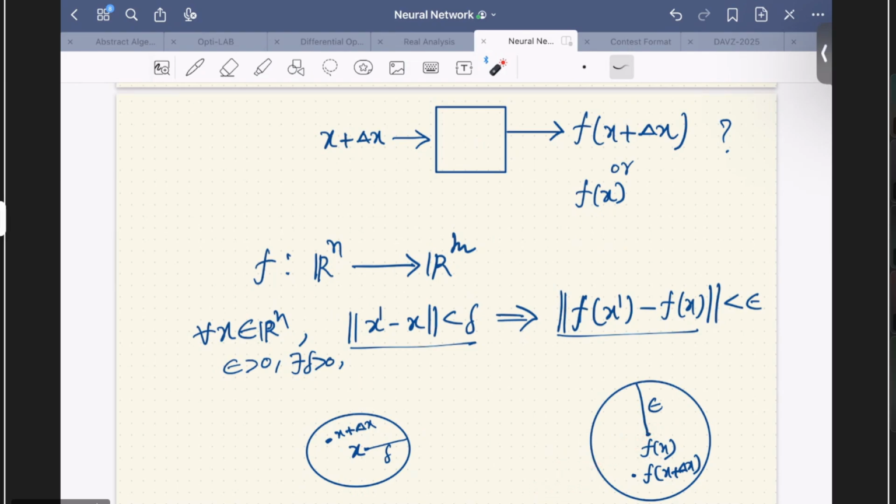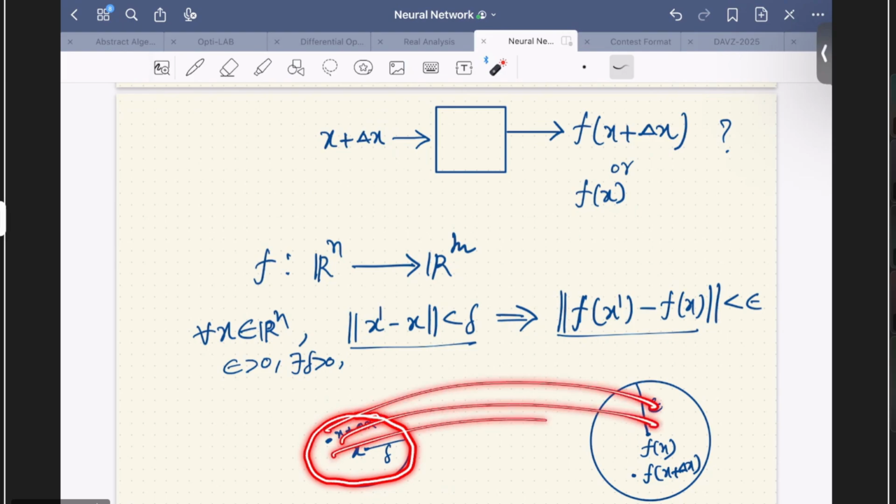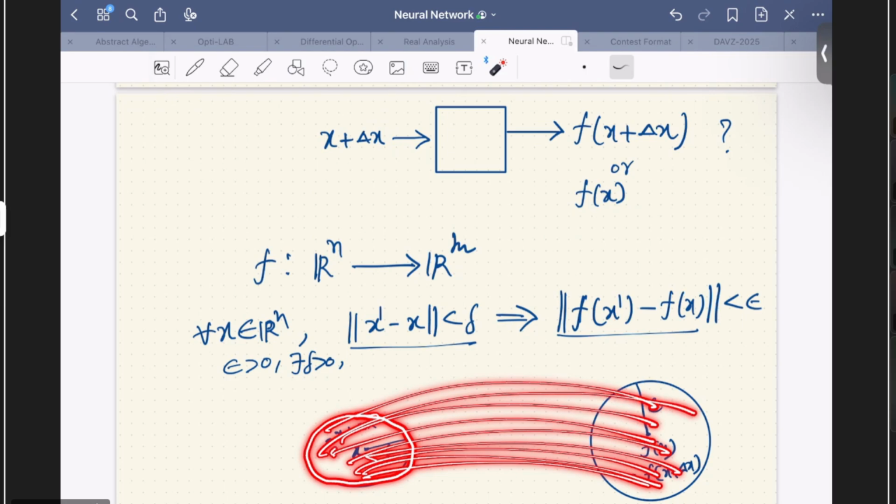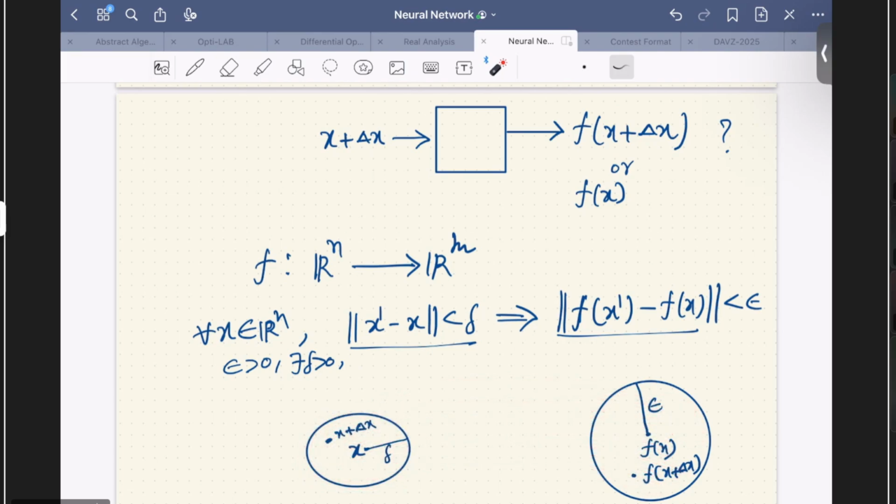For whatever choice of epsilon you choose, we can always find a neighborhood around x such that these all fall inside the epsilon neighborhood.